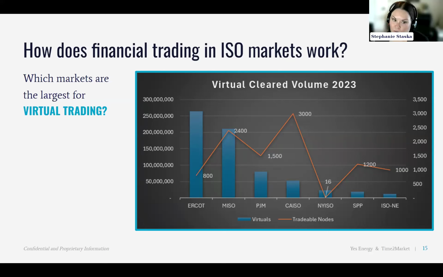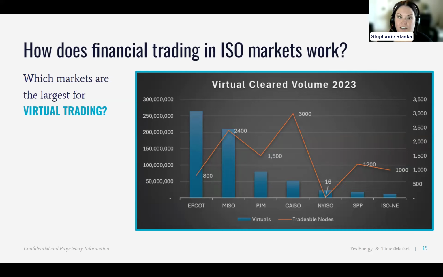That's another reason why the volume's higher, but also MISO's credit costs, the actual cost to participate, where you need to post cash collateral in order to secure your trades, are lower than PJM's. Because of that, we've seen this movement of volume to MISO instead of PJM, and also to ERCOT instead of PJM. But you can see here that PJM is still a very attractive place to be.